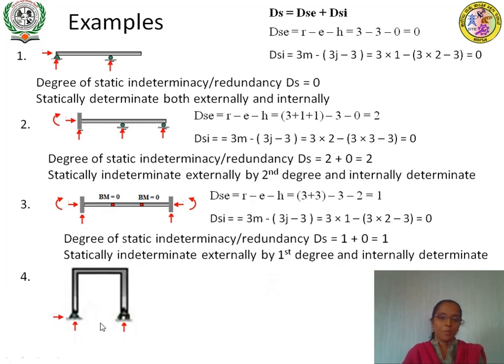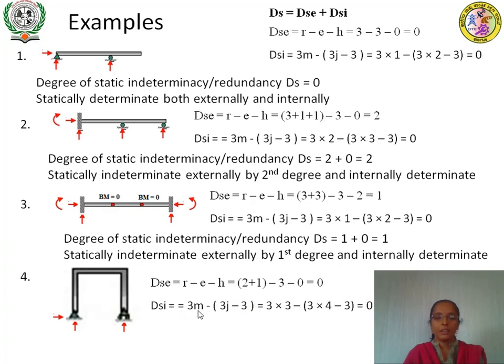This is the fourth example. A frame, one end is hinged, the other on a roller. So total 3 unknowns are there, 2 plus 1 minus 3 equations, so that will be 0. R minus 3 is 0, so it is externally determinate. And internally 3m minus 3j minus 3, 3 into the number of members, 1, 2, 3, 3 into 3 minus the number of joints, 1, 2, 3, 4, 3 into 4 minus 3.